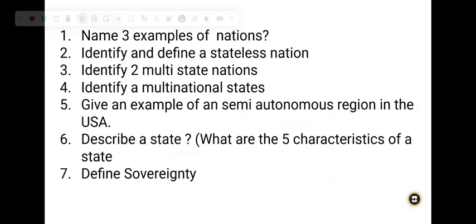You're going to identify and define a stateless nation, identify two multi-state nations, identify a multinational state, give an example of a semi-autonomous region in the U.S., and describe what a state is. You're going to give me 5 characteristics of a state. And then you're also going to define sovereignty. So think of this as your AP warm-up, trying to make sure that you understand fully what is going on in 4.1.